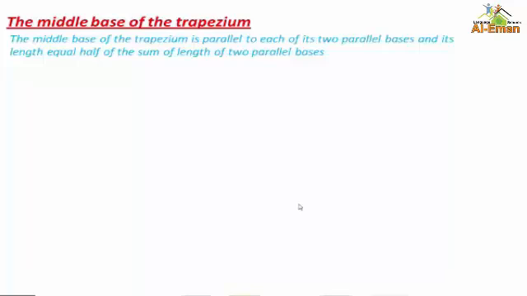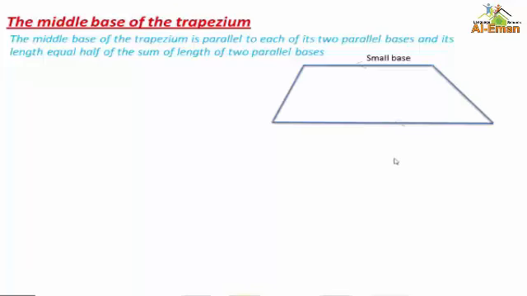Let's see more here. These are the two bases of the trapezium, the small base and the great base, and they are parallel. And here are the two legs. The two parallel bases and the two legs form the trapezium ABCD.